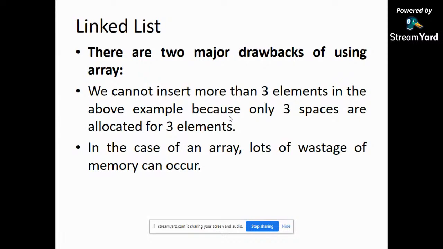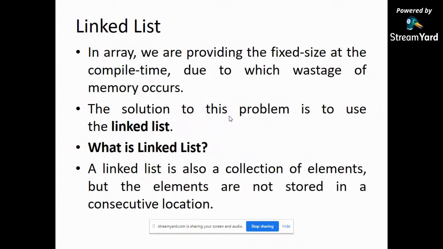And the second is that in the case of an array, lots of wastage of memory can occur. We provide the fixed size at compile time, due to which wastage of memory occurs.